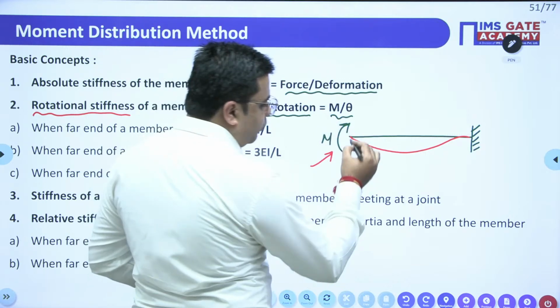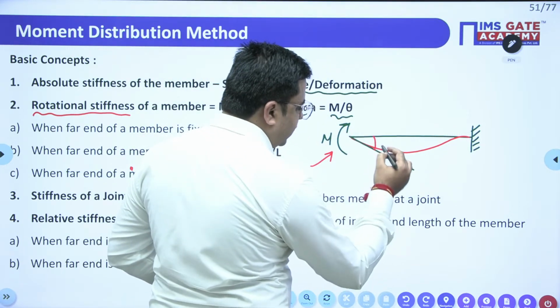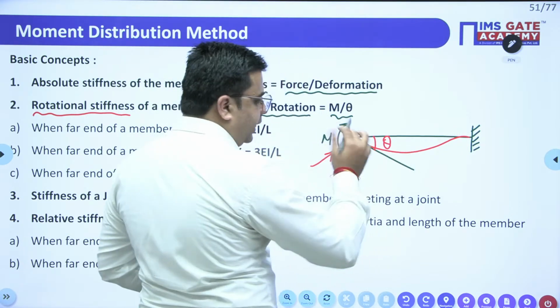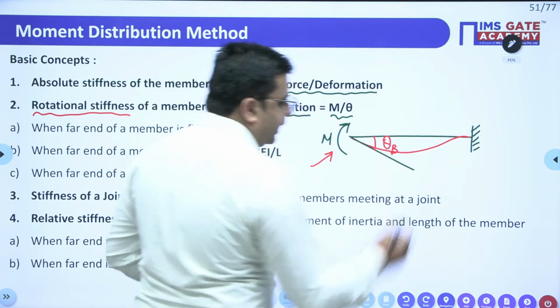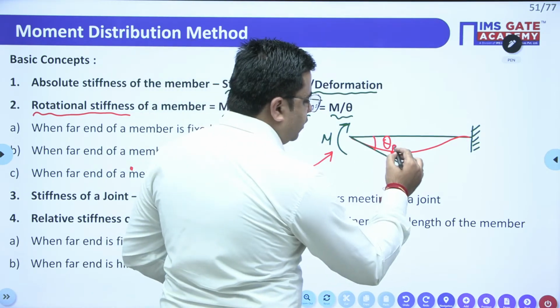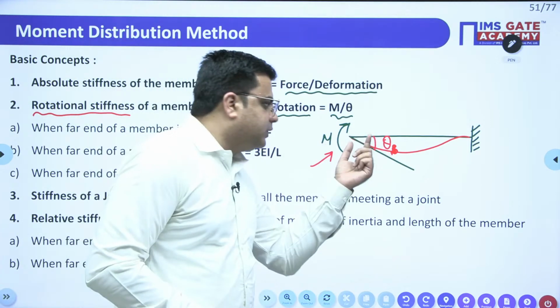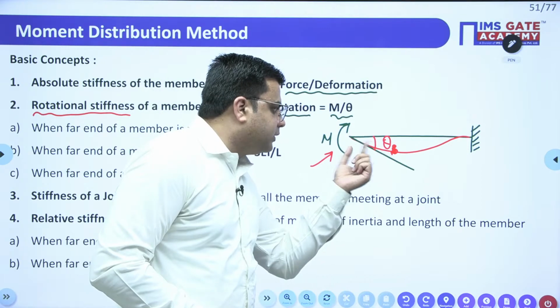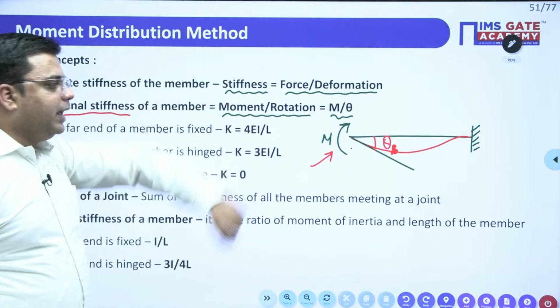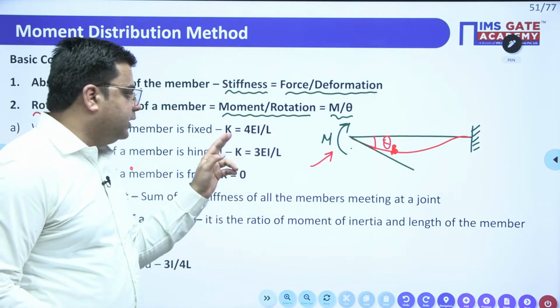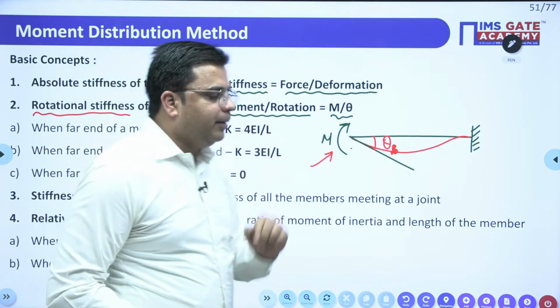If by applying moment M, I get a rotation of theta, then the stiffness of this joint, when the far end is fixed, is given by 4EI by L.